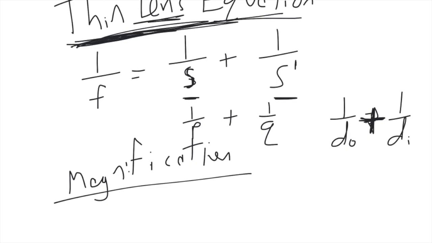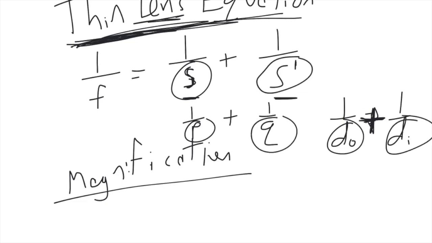All of those mean the same thing. S, P, dO, those all mean the object distance. S primed, Q, di, those are all the image distance. So it doesn't matter which terminology you prefer. You can use whichever one you want. I think your textbook and the ray diagram lab both use that terminology. Okay.